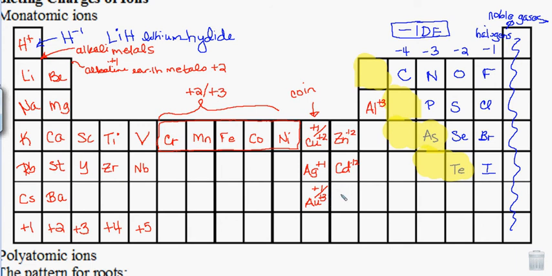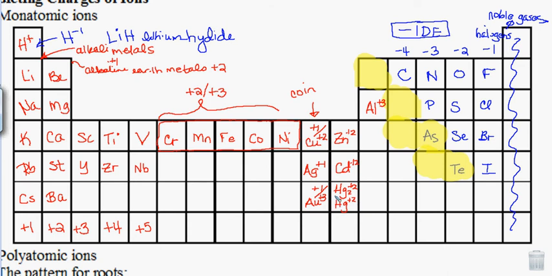Below cadmium is probably the most unusual element that there is, and that is because it's mercury with an Hg2 +2 and a mercury with an Hg +2.